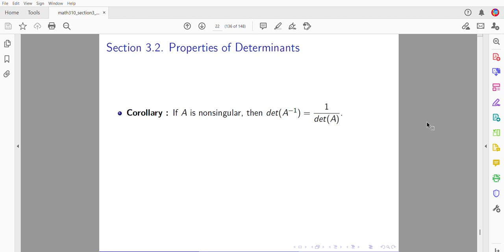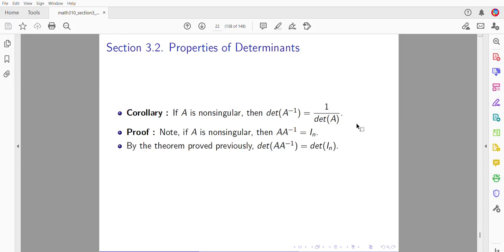Corollary. If A is non-singular, then determinant of A inverse is 1 over determinant A. This is an important result. Suppose A is non-singular, then what do you know? A times A inverse is identity. Well, what did we just say? Determinant of a product splits.